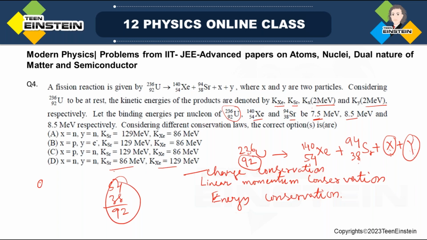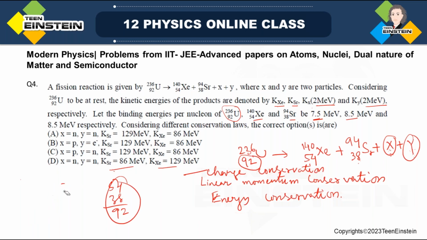That means either X and Y both can be neutron, or one can be proton and another can be electron, so that the addition of charges gives you 0 for X and Y. So these are the possibilities.